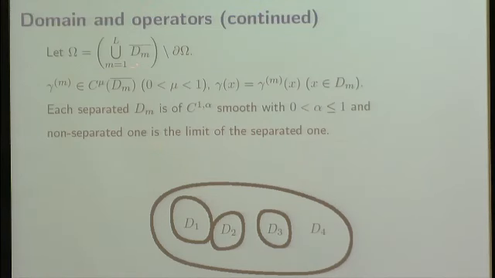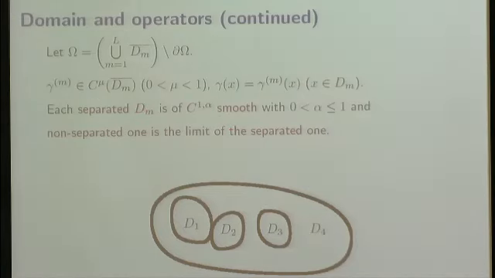Omega consists of subdomains D_m. You can see in this picture, omega consisting of some subdomains D1 to D4. For each separated subdomain D_m, I assume D_m is of C^{1,alpha} smooth.